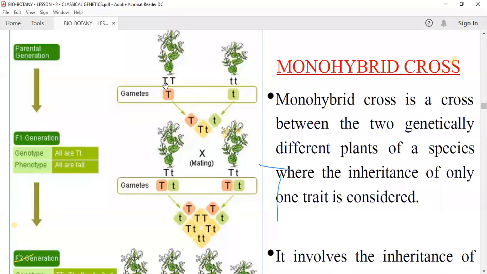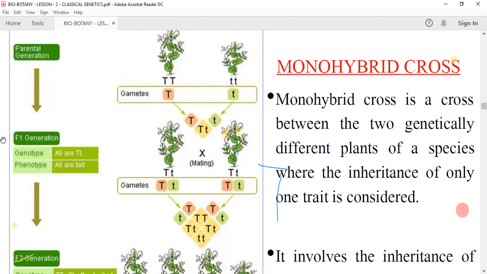At the time of gamete formation, the alleles present segregate into single gametes, and they reunite again. So a capital T from this gamete and a small t from this one combine together, and we get capital T and small t.